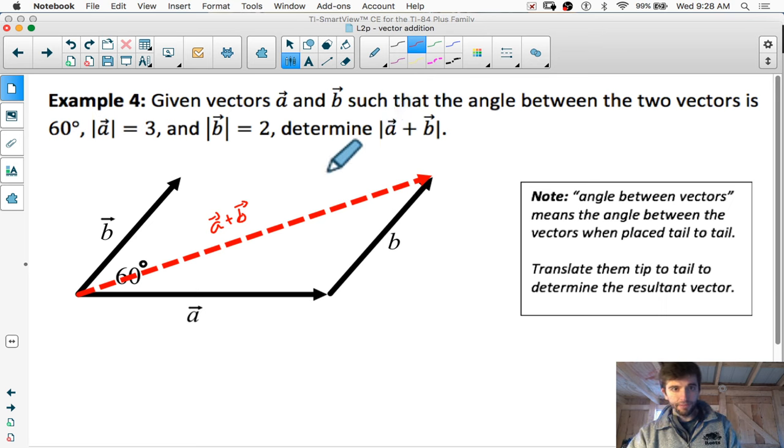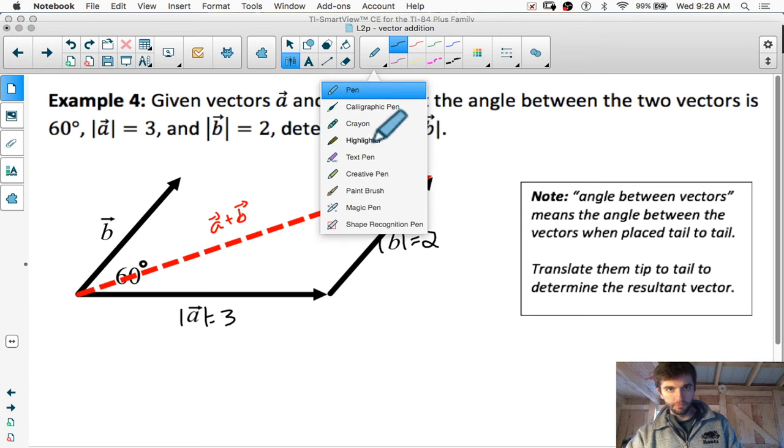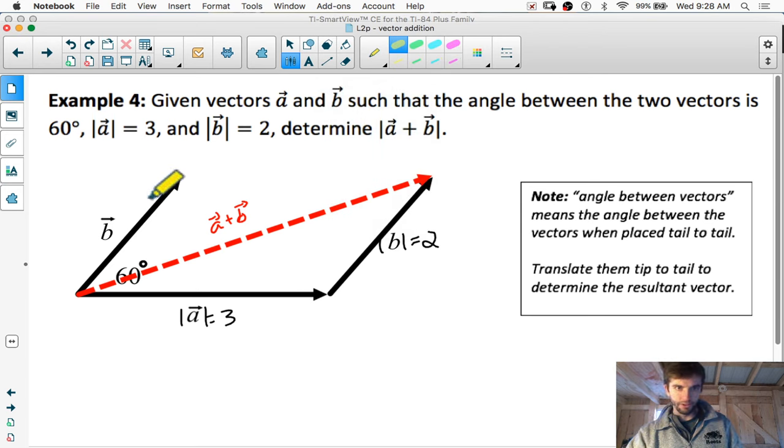So if we're going to find the magnitude of this vector, let's see what we know about this triangle I have here. In this triangle, I know the magnitude of this side is 3, and I know the magnitude of this side is 2. The question gave us that, so we know two sides. Let's see if we can figure out an angle in this triangle. So back in, I don't know what grade you learned it in, but there's a bunch of parallel line theorems.